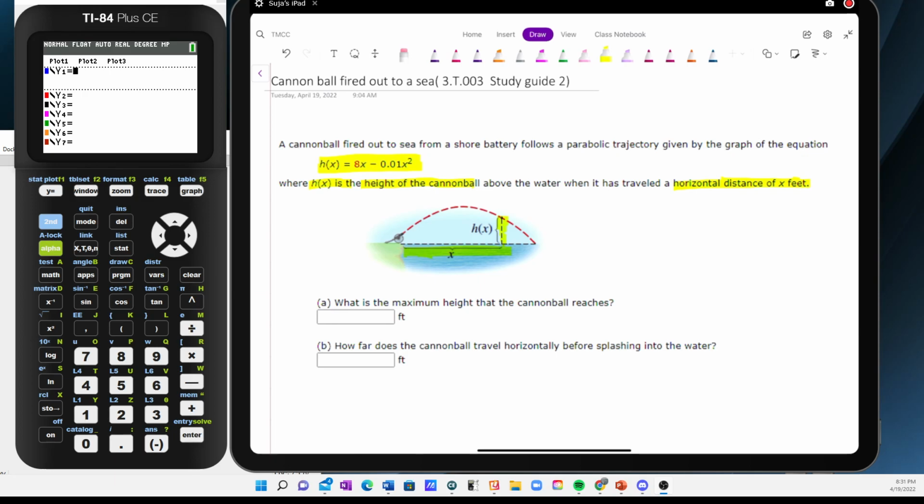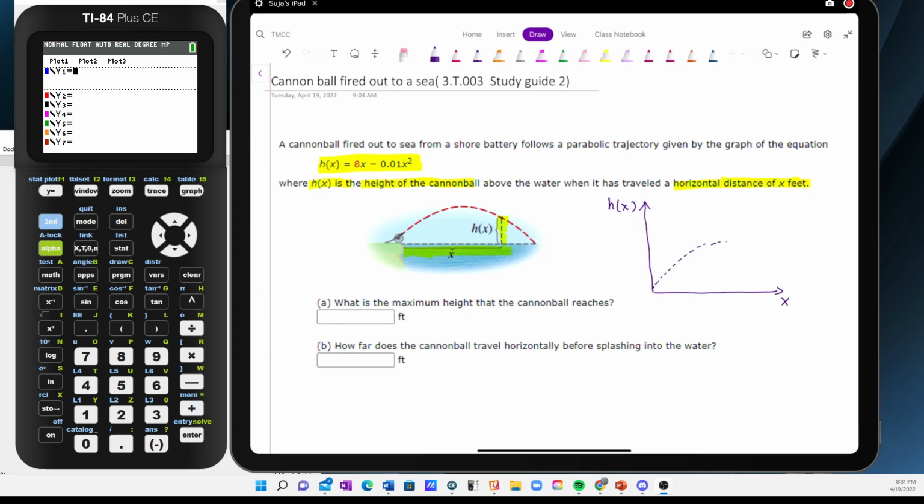So let me go ahead and take this function and analyze it a little bit. H of x, which is the height, is going to go along my y-axis if I graph this, and x, which is the horizontal distance, is going to go along the x-axis. Now, I know that if it's fired from a place, it's taking a parabolic path.